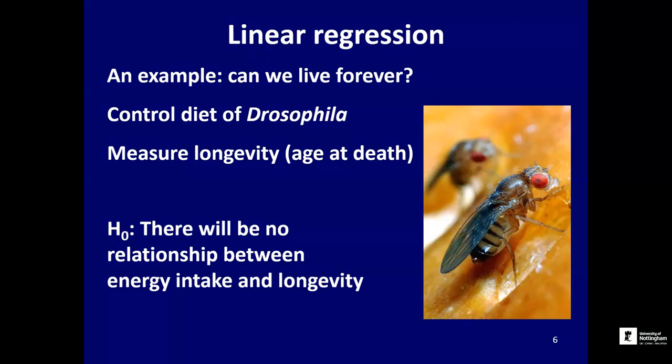The null hypothesis in this experiment is that there'll be no relationship between how much energy we give fruit flies in their diet and how long they live. And this is a classic experiment where we manipulate what's on the x-axis, the independent variable, and we look to see how the dependent variable, the y variable, in this case longevity, responds. So we expect a causal relationship between these two things because we're doing a manipulative experiment in which we're changing x.